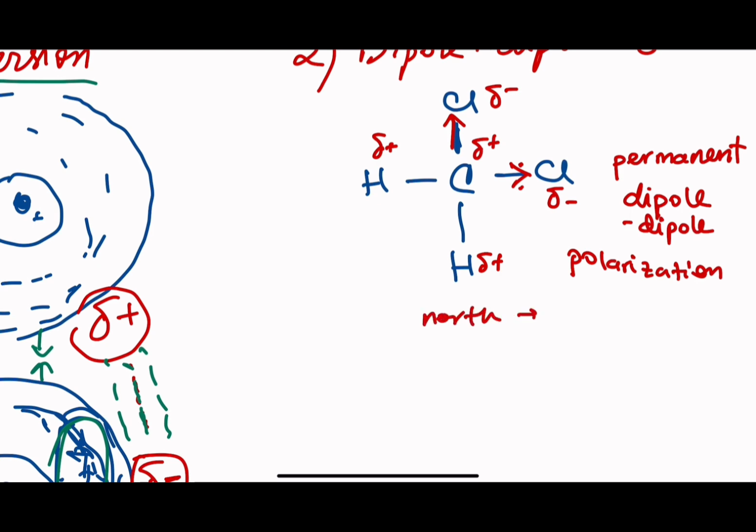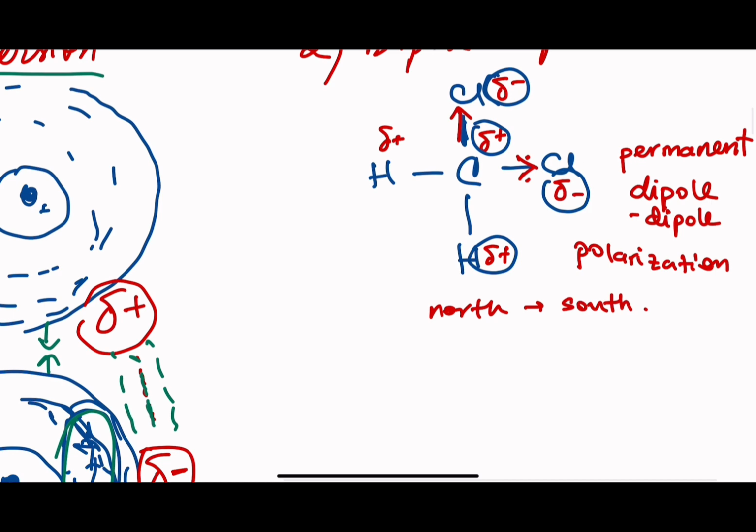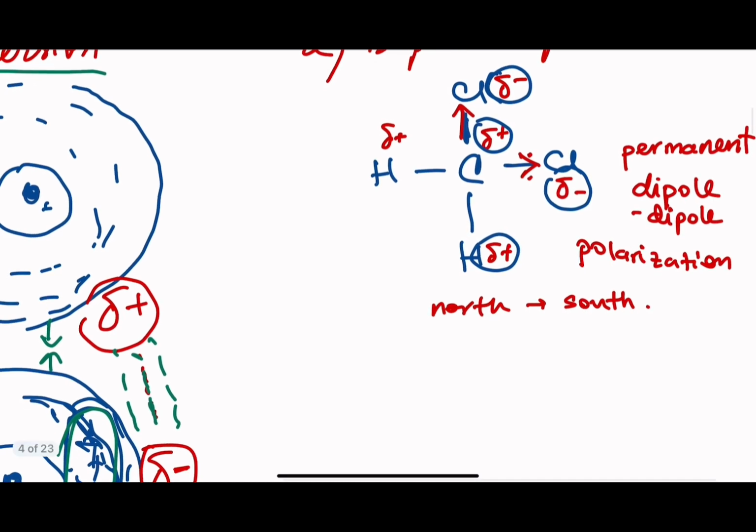North and South. This is the same thing. Now I have here positive and negative, and negative over here, and positive here. This is polarization, but this chlorine always stays negative, and carbon stays positive in here.